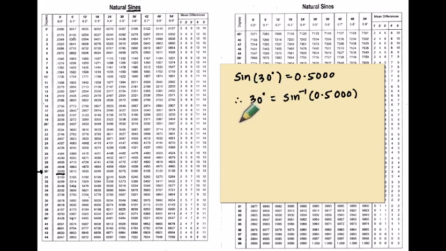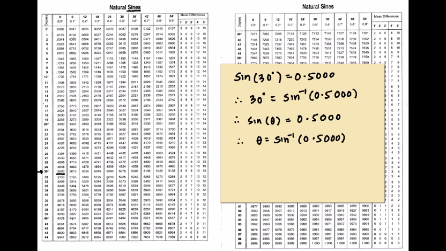Suppose I give you something like this, that sine of theta is equal to 0.5000, and then I ask you what this theta is, then you will write theta is equal to sine inverse of 0.5000.